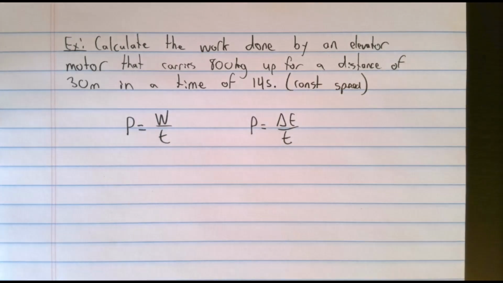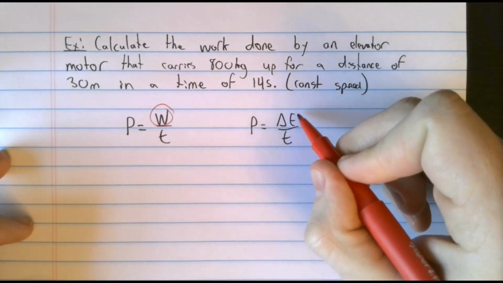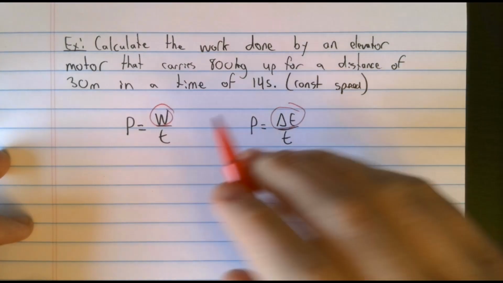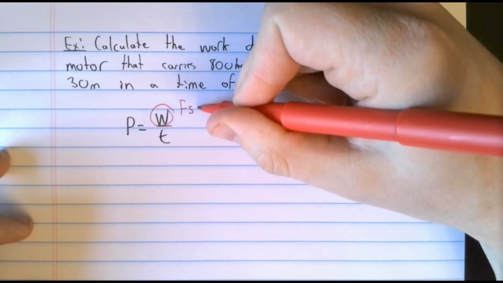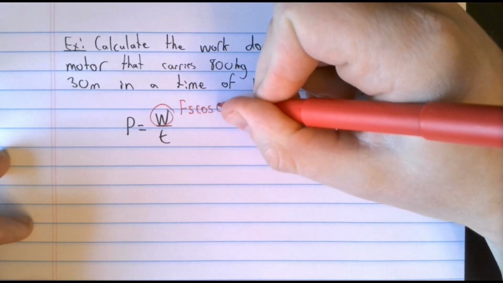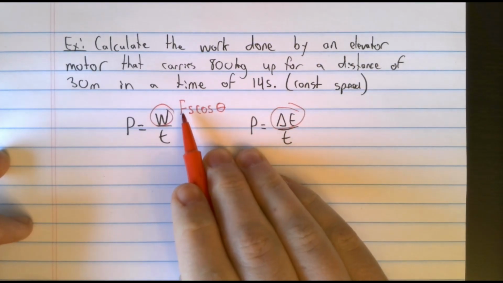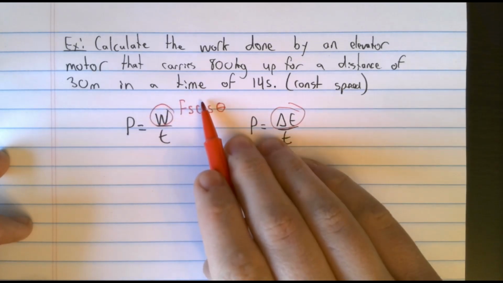Both of these have the time in them, so the decision is basically, do we want to expand W or do we want to expand the change in energy? I don't like the work definition. There's something very flimsy about this equation. Figuring out the angle and figuring out what type of force is present, what direction is S, what direction is F. So I prefer to try to avoid this.